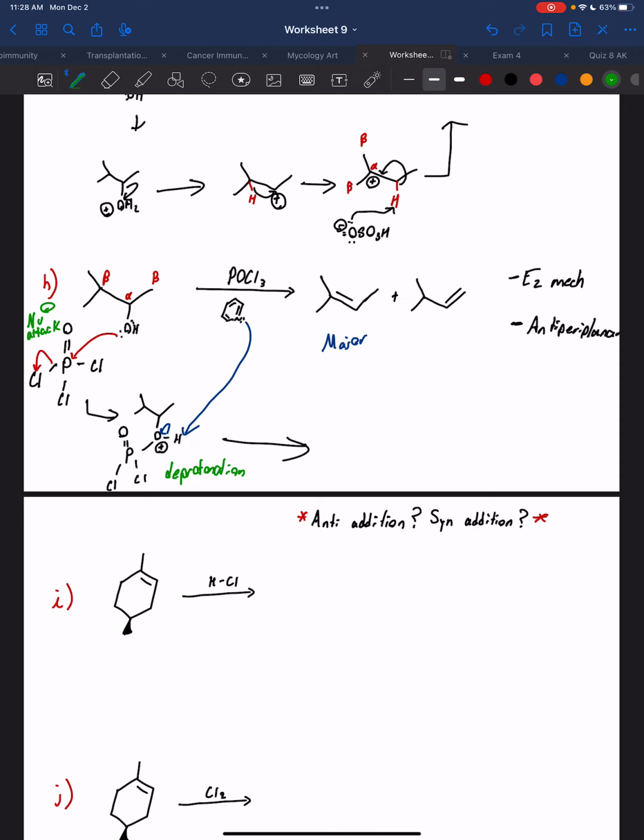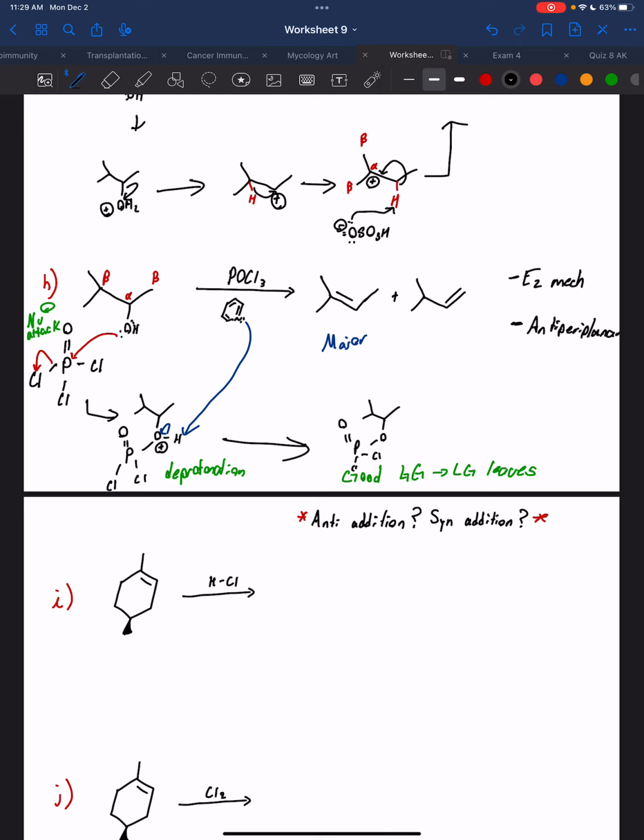The next step would be you made your good leaving group. And so that means the leaving group leaves. And so let's see what the leaving group looks like. It's just this neutral compound right here. Let me draw that a little clearer, or just smaller.